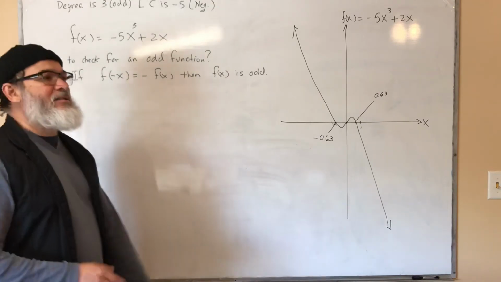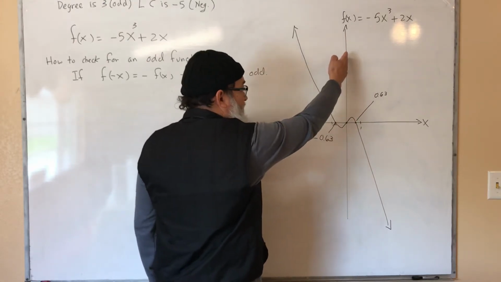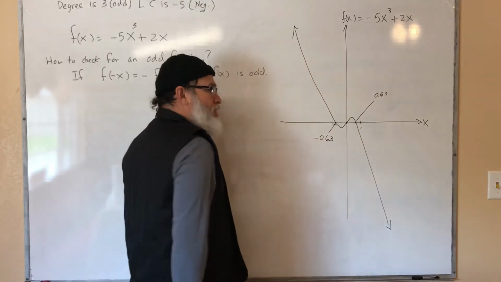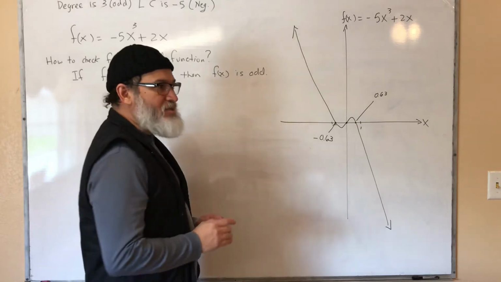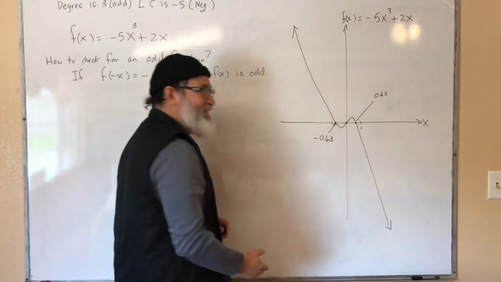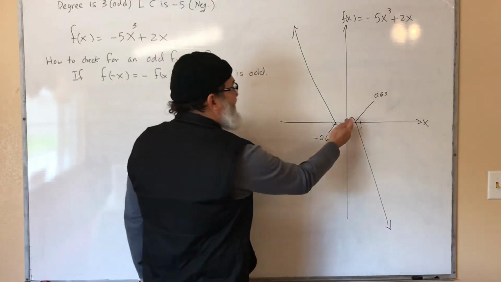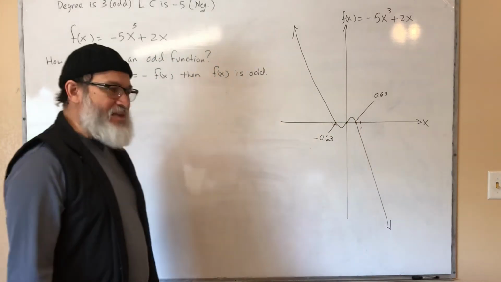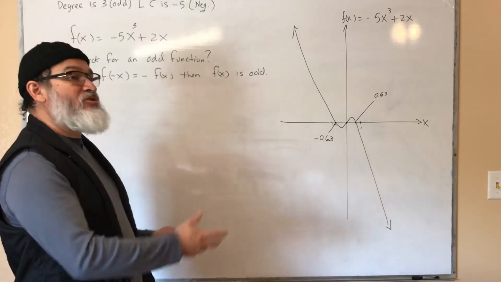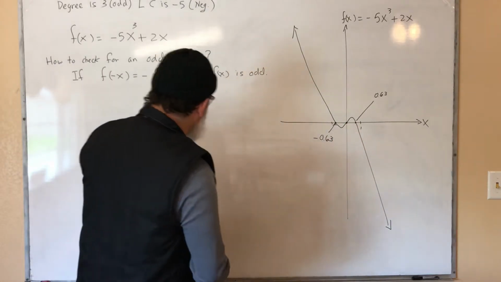It means, guys, that if you look at the y-axis, to be odd, what is on the right of the y-axis is the opposite of the left. Exactly the opposite. They behave in opposite directions with respect to the origin. We have to check for this.